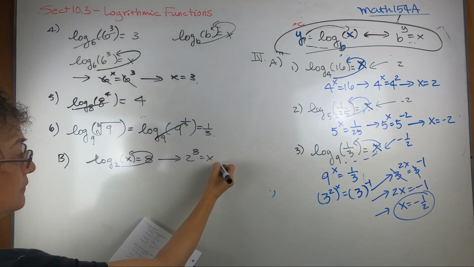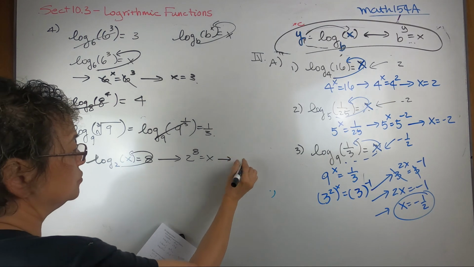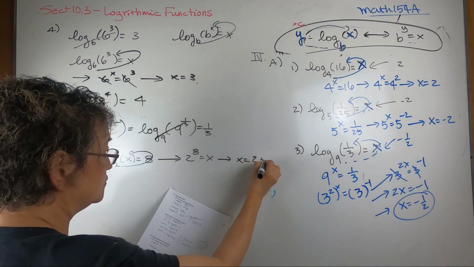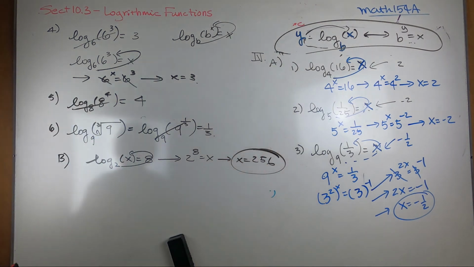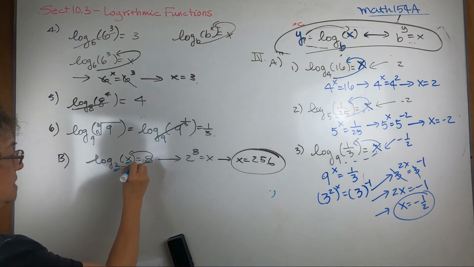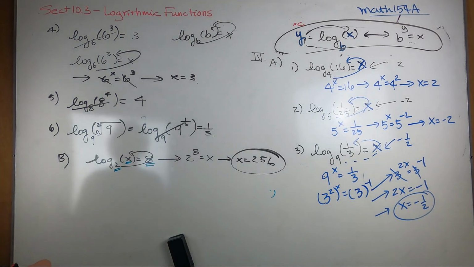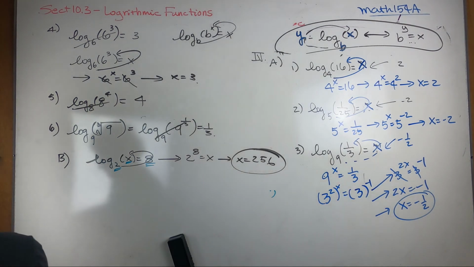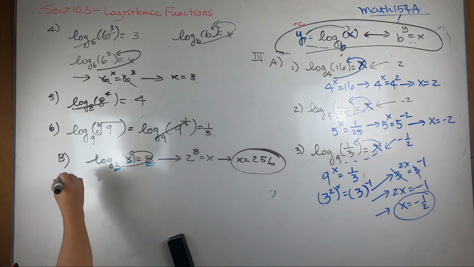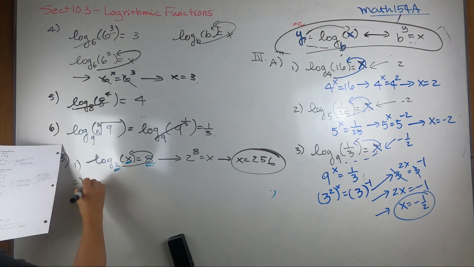So x would be 256, right? So you have 3 positions. One is the base, one is inside, one is outside. So like this one, inside you don't know, you can find it this way.